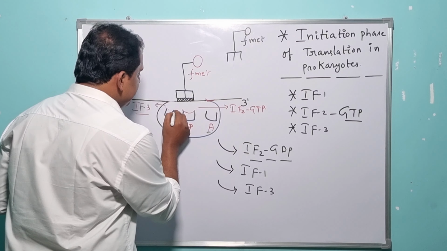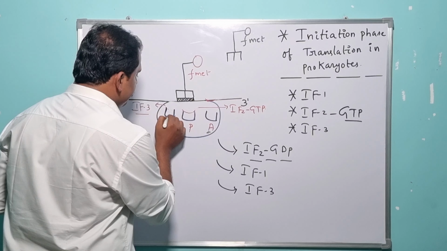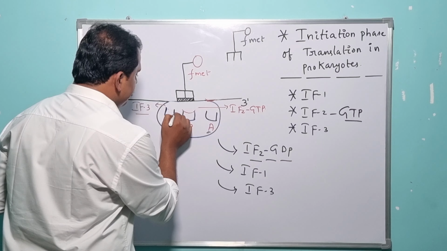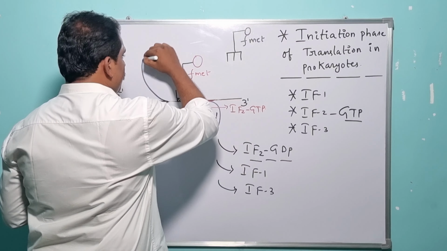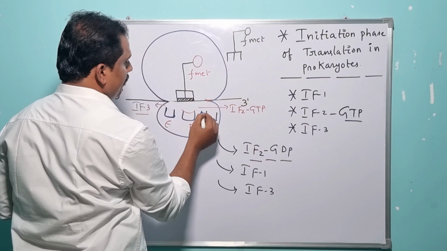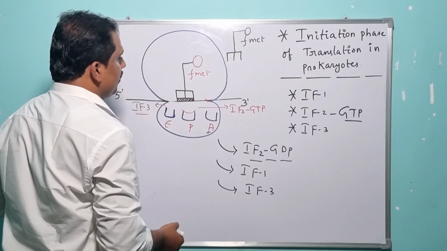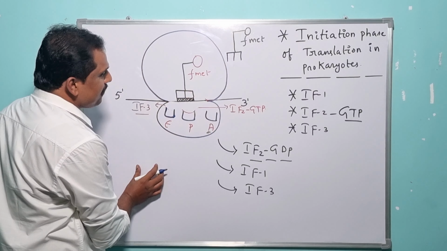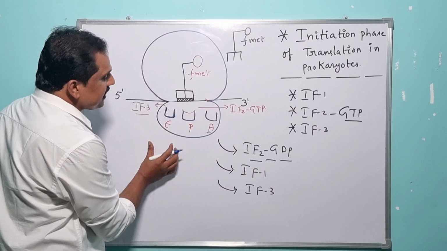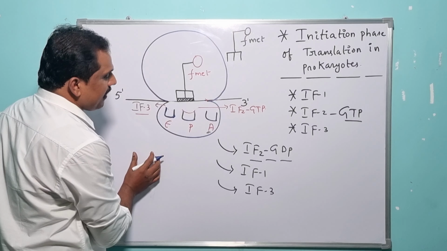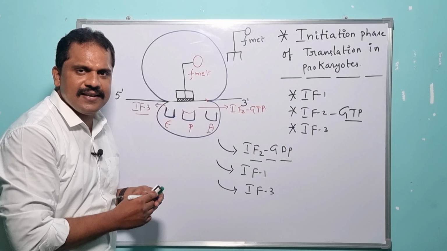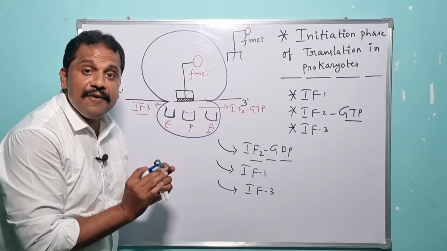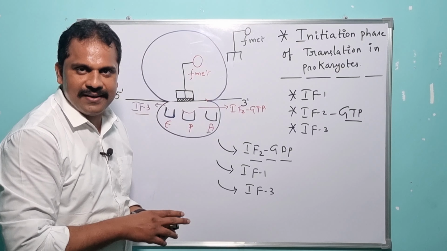Once the large subunit is in association with the small subunit of the prokaryotic ribosome, it leads to the formation of a specialized complex, which is nothing but the 70S pre-initiation complex.